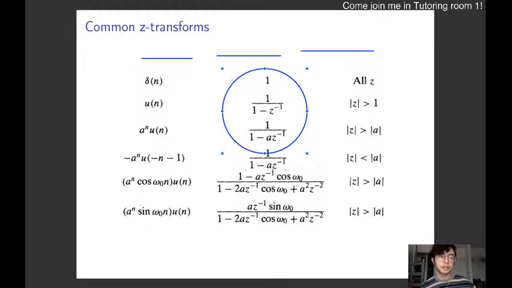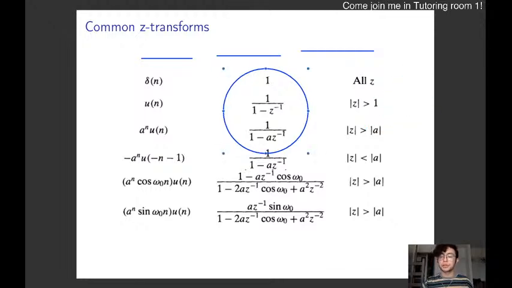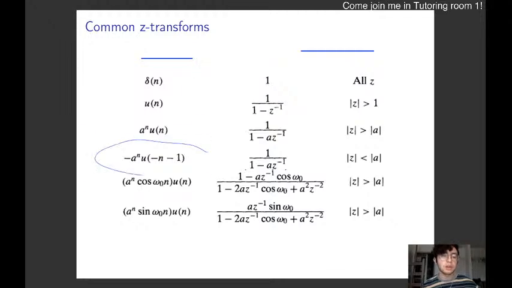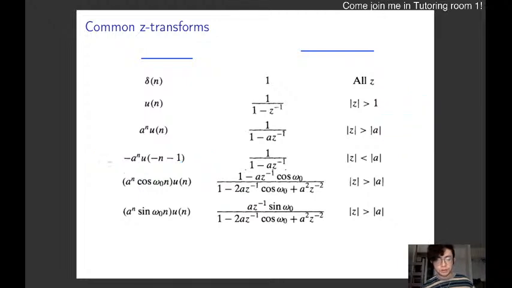Remember that a causal ROC is the one where it's outside of a circle. And if we have an anti-causal signal, defined by an ROC that's the inside of a circle, then we would use this one.